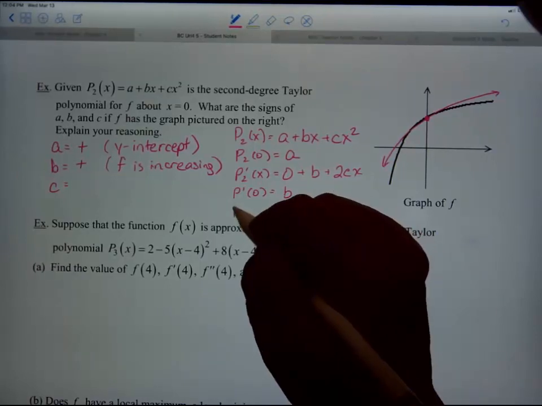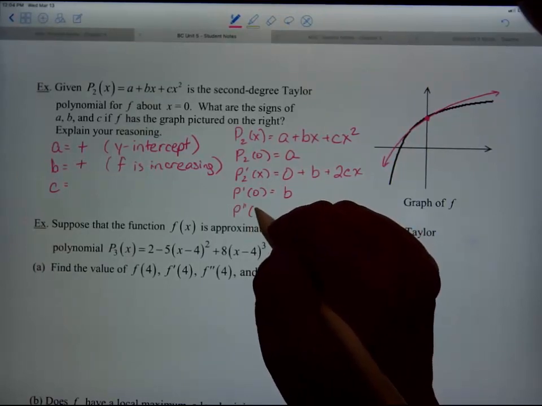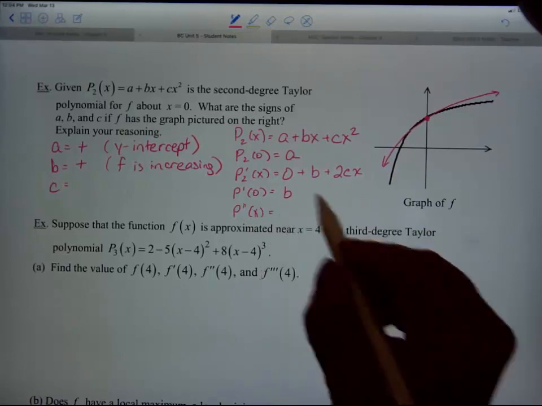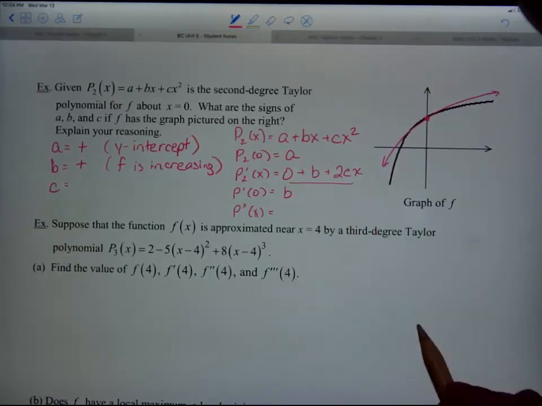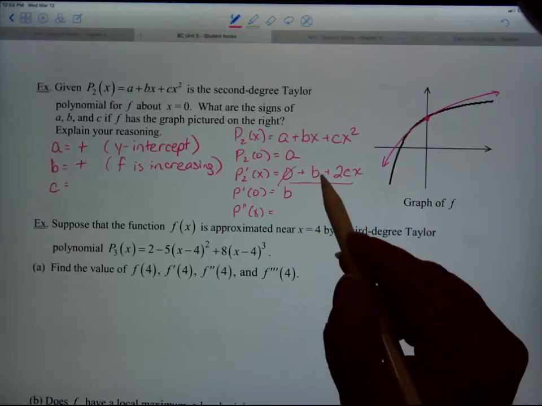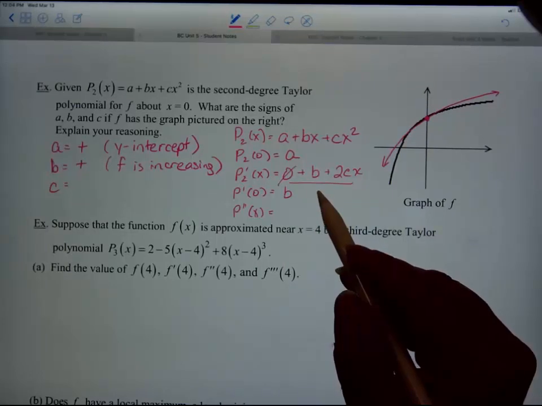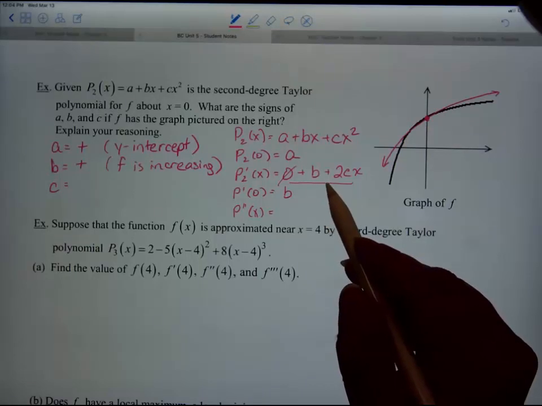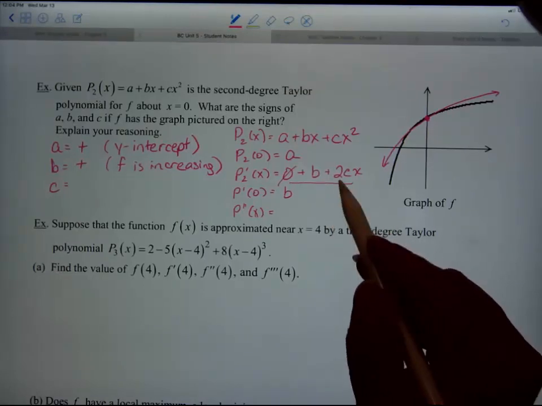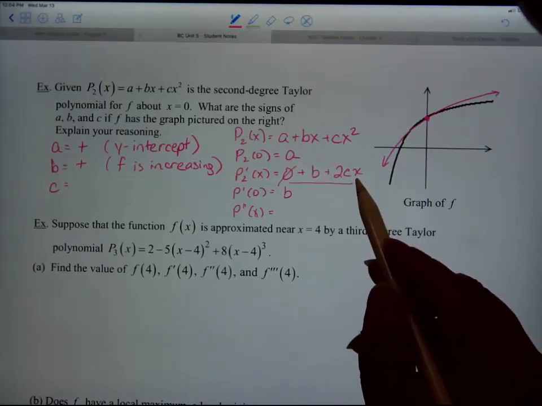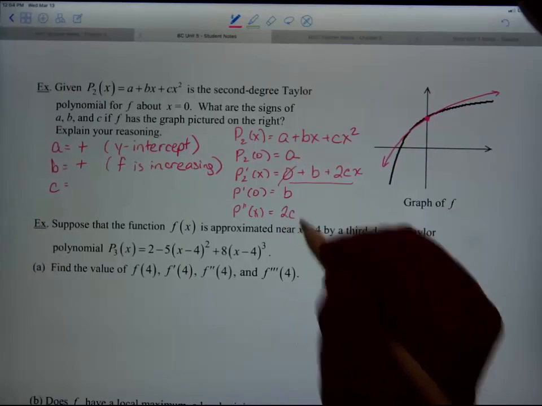All right, let's take the double derivative. Go back to here. The 0's gone. The derivative of b is what if it's a constant? Not 1. 0, because it's a constant, right? Derivative of any constant, 0. What's the derivative of 2cx? 2c.